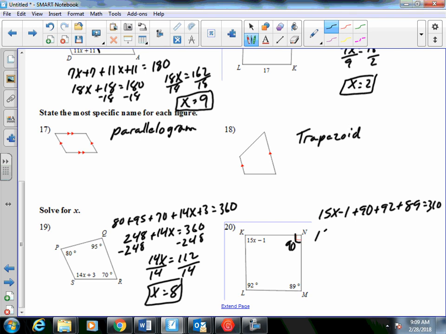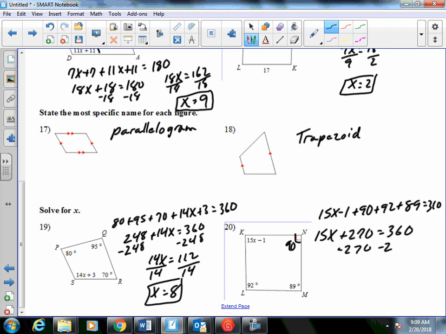Combine all those values. 15x plus 270 equals 360.